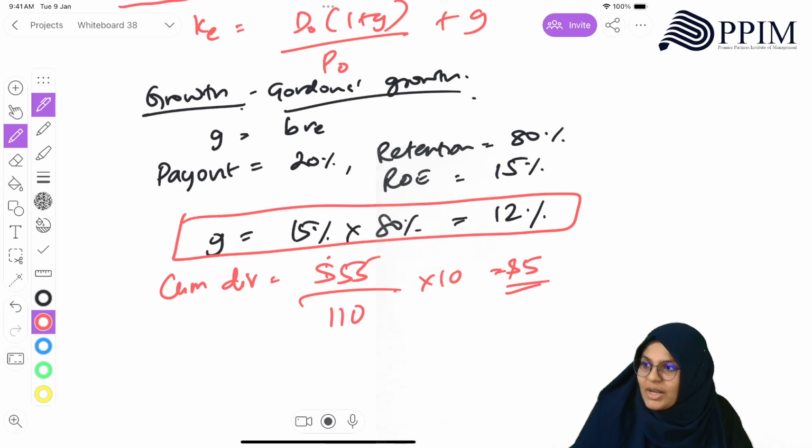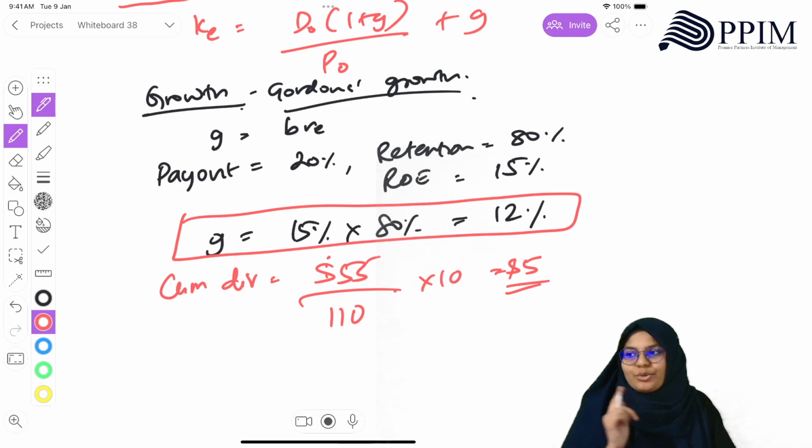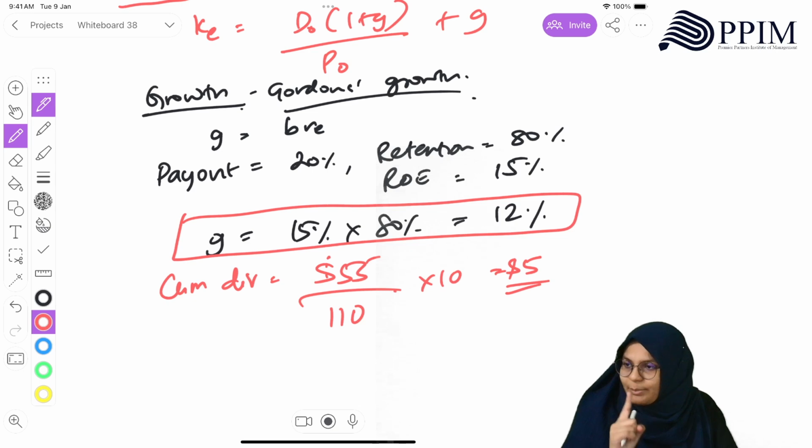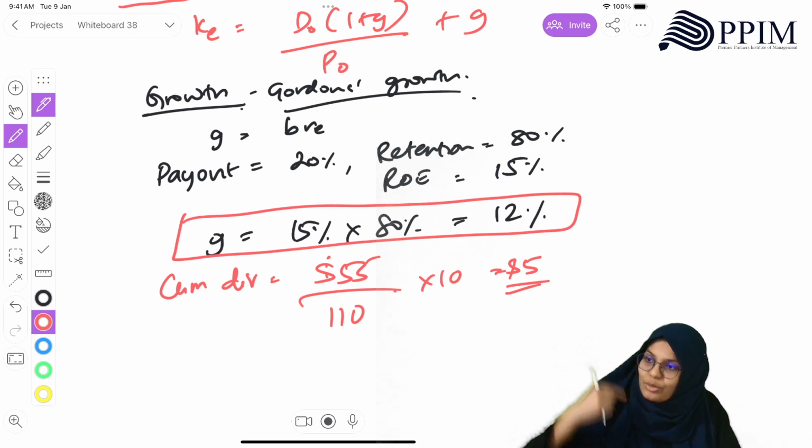Okay, so I'll repeat what I did here because we don't do this very often, right? We know that the cum div market price of the share is $55, meaning the market price plus the dividend is going to be 55. I know that the dividend is 10%. So 55 is including the 10%. So that's why I'm dividing it by 110.